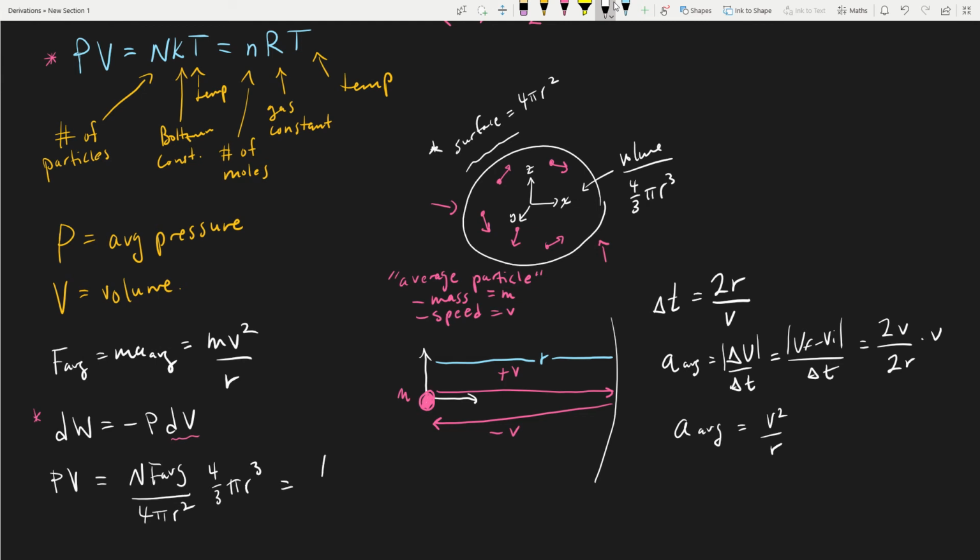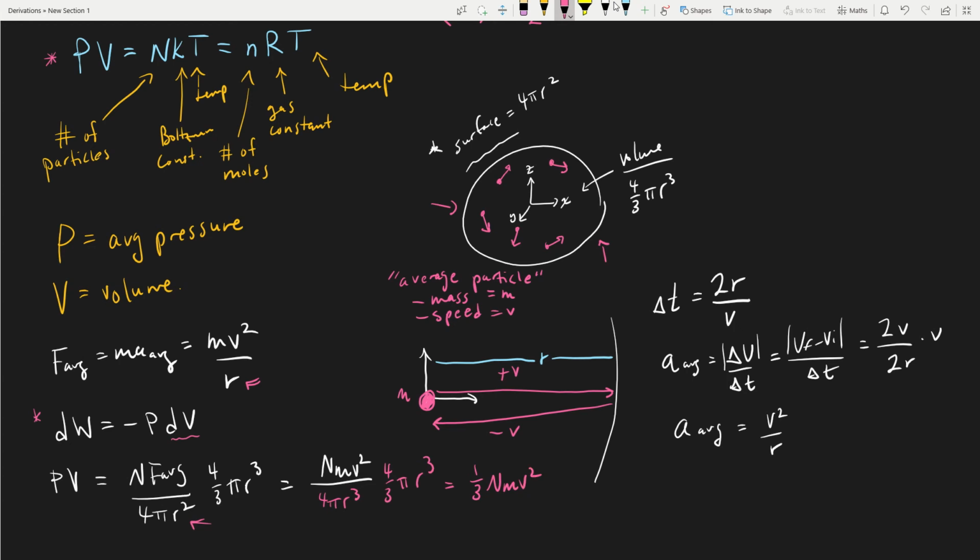It's going to be N m v squared over r, and that r comes down here. This r combines with this r to make r cubed. So we get 4 pi r cubed, and then 4 over 3 pi r cubed. So what we are left with then is 1/3 N m v squared.